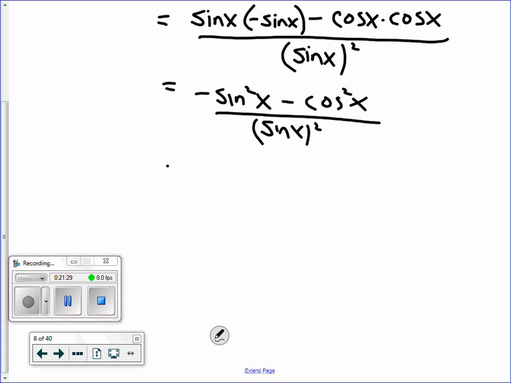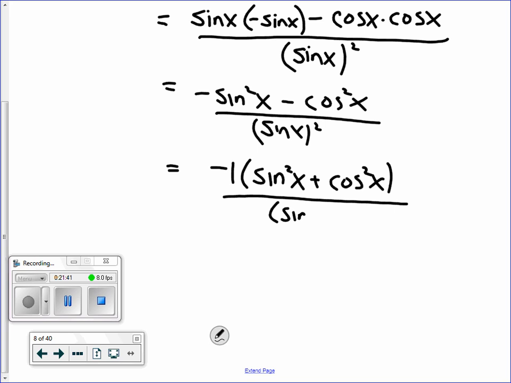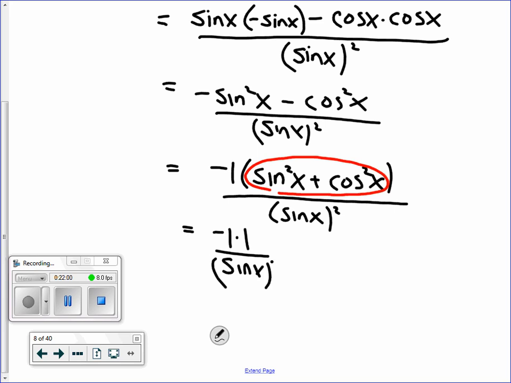Now in the numerator, we can factor out a negative 1. If we factored out a negative 1, we'd have negative 1 times sine squared x plus cosine squared x. For any angle, you need to know that that equals 1. So we have negative 1 times 1 over sine squared x.